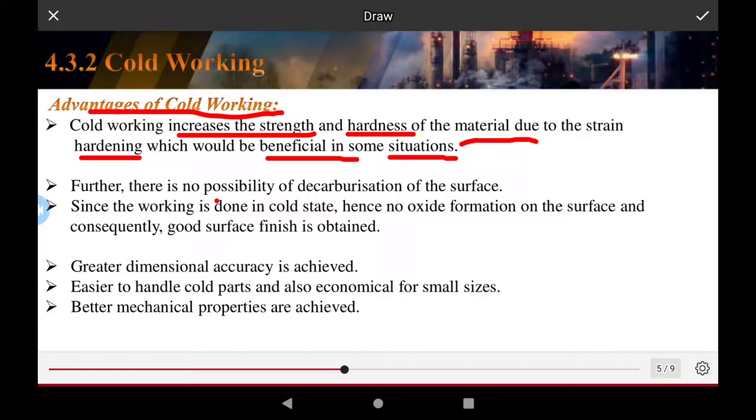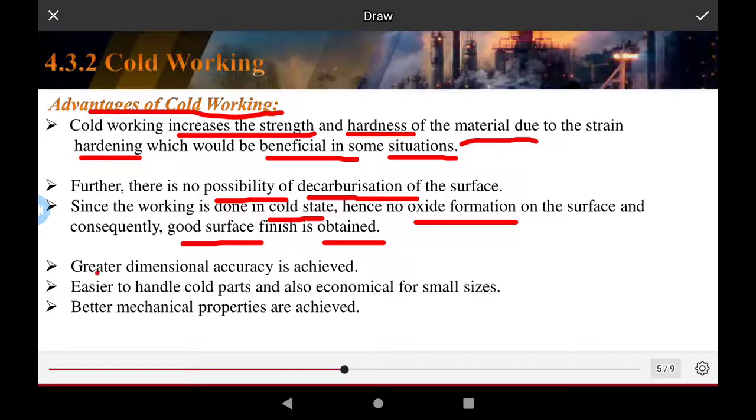Further, there is no possibility of carburization of the surface since the working is done in the cold state. Hence there is no oxidation of the surface and consequently good surface finish is obtained.